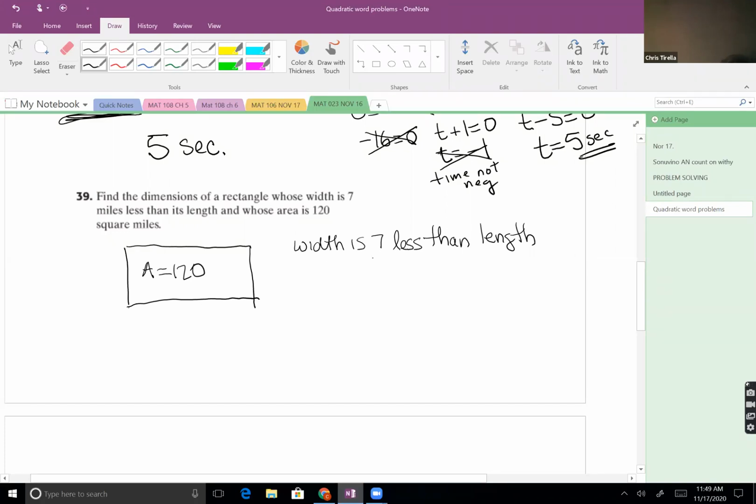And so because the width is being compared to the length, I'm going to let x equal the length. Now, if the width is 7 less than, that means subtract. And so x minus 7 would be the width.